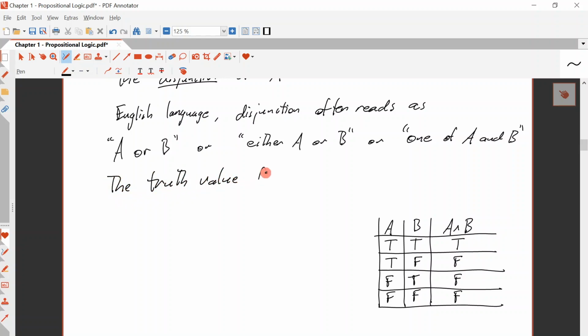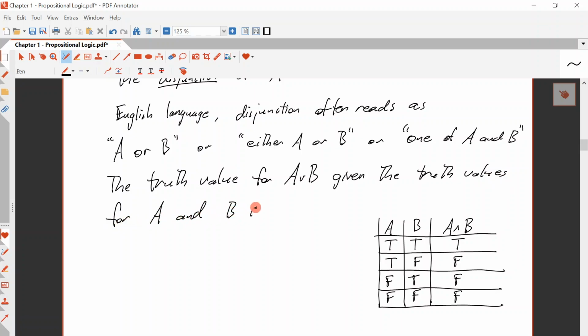So the truth value for A disjunction B, given the truth values for A and B, is shown in the following table. So it means or. Now, what do we mean by or in the English language?